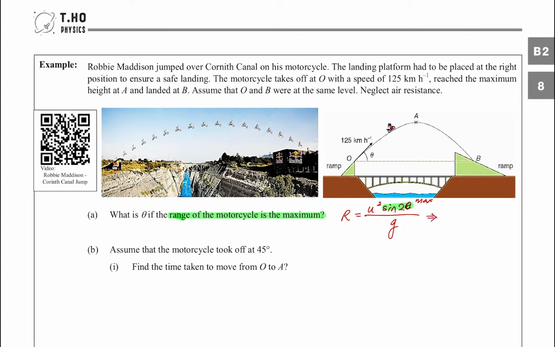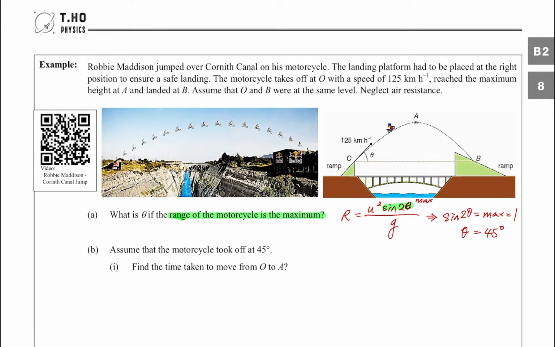We know that the maximum value of the sine of an angle is 1. So solving sine 2 theta equals 1, theta would have to be 45 degrees. This is the angle at which the range will be the maximum.